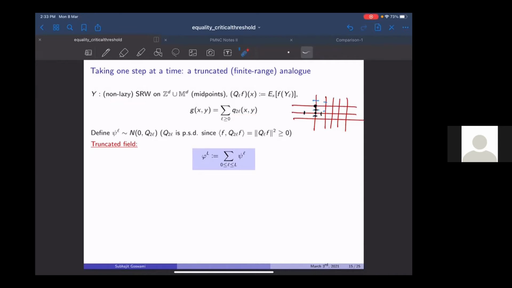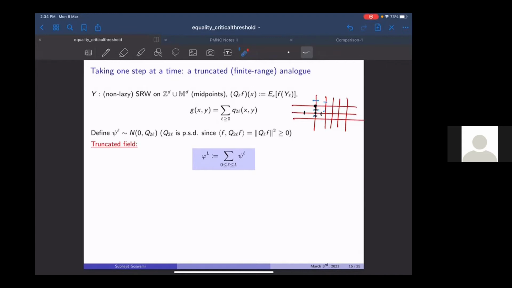And that's good for us. Now you will immediately know that you can take the square root of that, and you can define a Gaussian field, a centered Gaussian field with mean 0, of course, whose covariance kernel is the same as Q_{2L}.